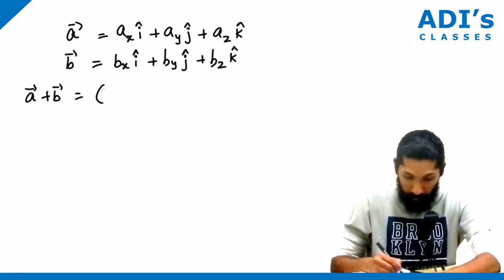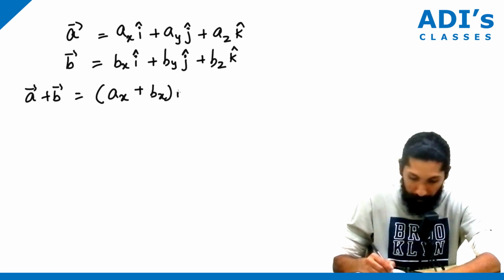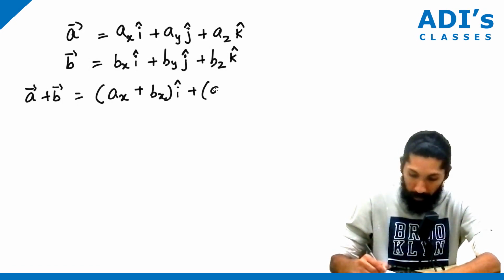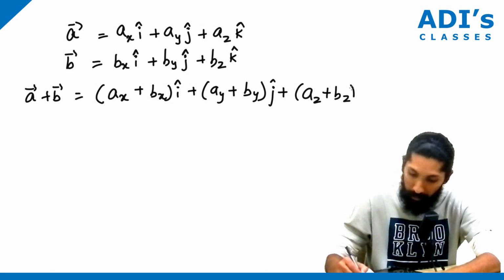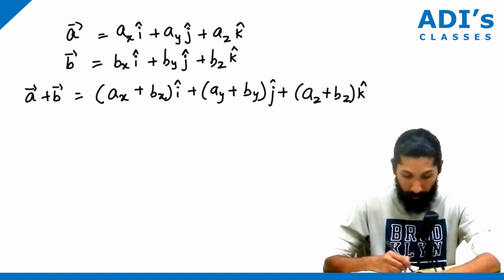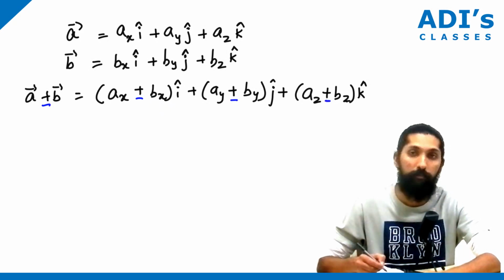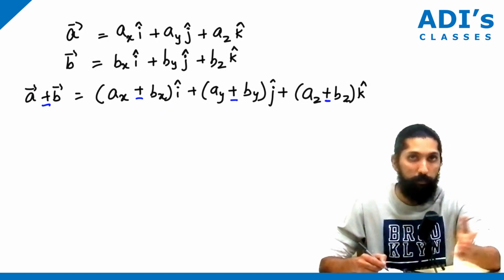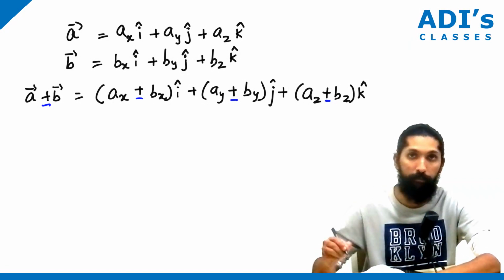So that means this becomes (ax plus bx) i cap plus (ay plus by) j cap plus (az plus bz) k cap. Correct? What if we have minus? Then minus, minus, minus. Plus or minus, plus or minus, plus or minus. Clear? This is the second part, which is what we just did right now.